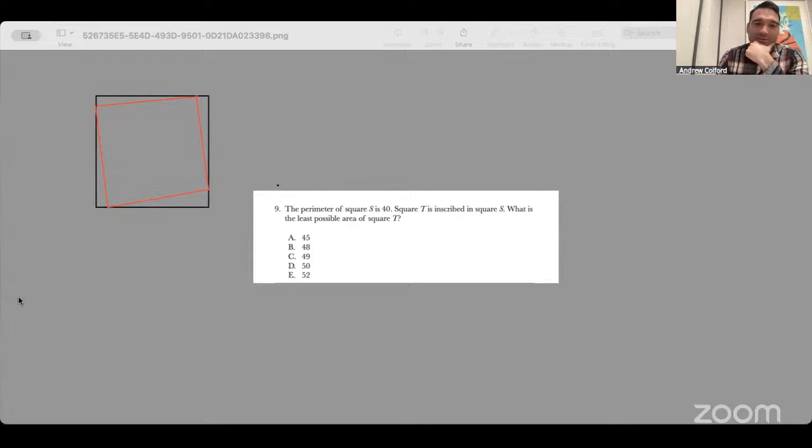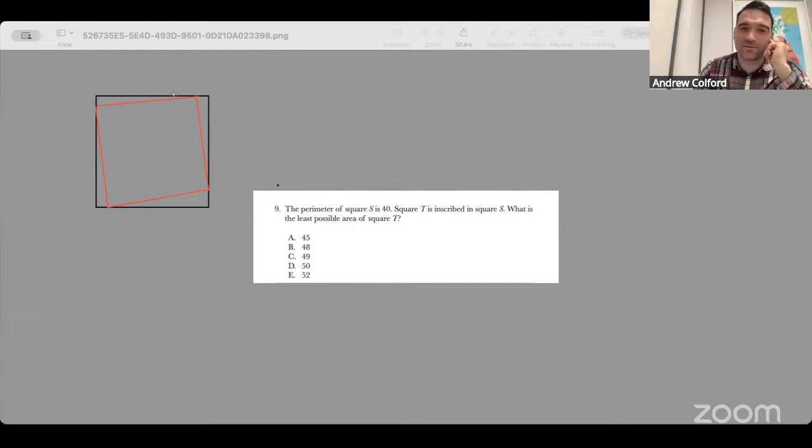So I'll start with a few guiding questions. How many inscribed squares could I draw in this bigger square? Like how many of these red squares could I draw in here?